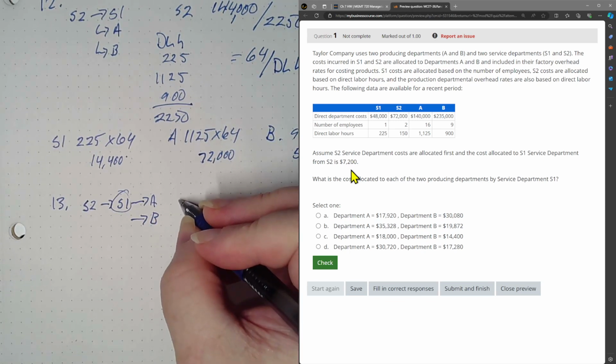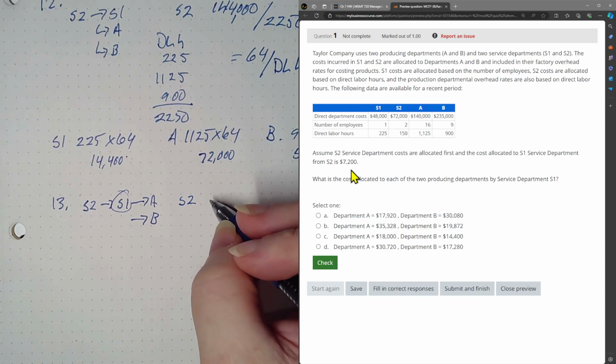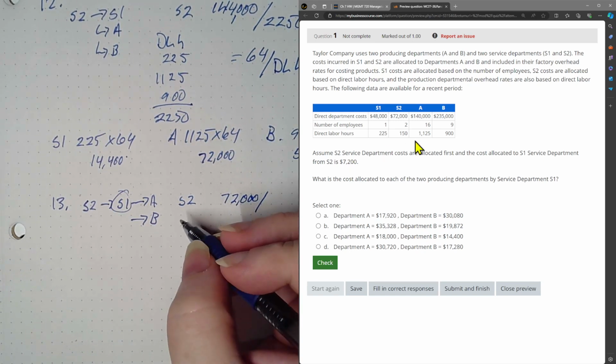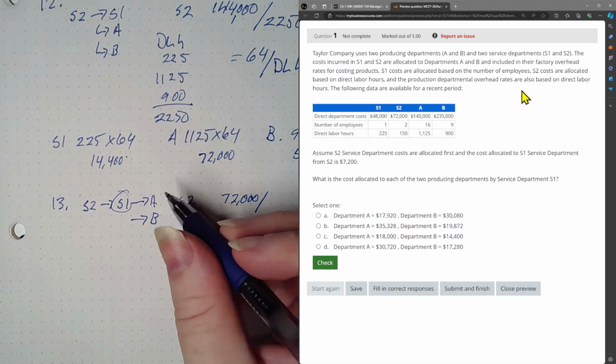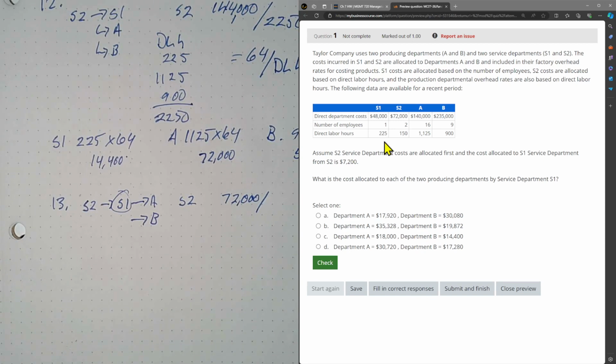So if I wanted to find out how much from S2 is being passed on to S1, I would say it's a total of 72,000 in costs divided by, since S2 costs are allocated on direct labor hours, the same direct labor hours, 225 plus 1125 plus 900. It is.